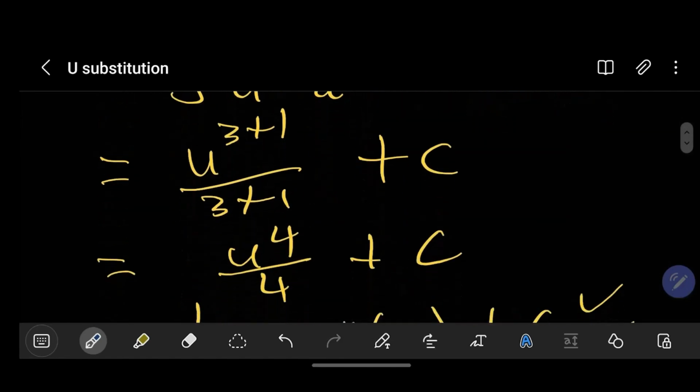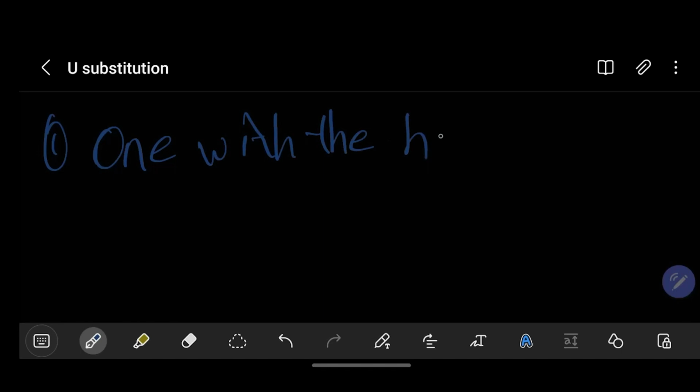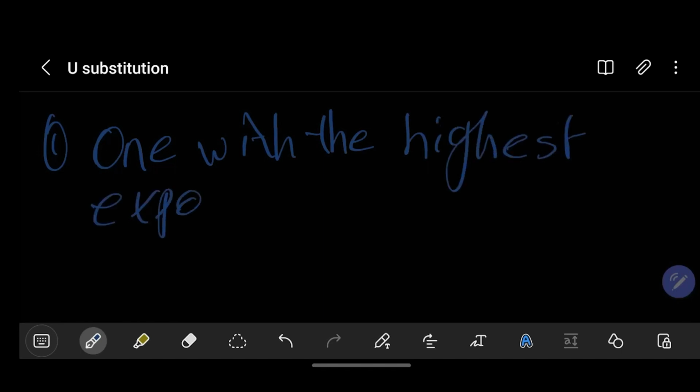So before we end off the session, just a few guides. Ensure that the one with the highest exponent is equal to u. So this is one guide that I can give you.